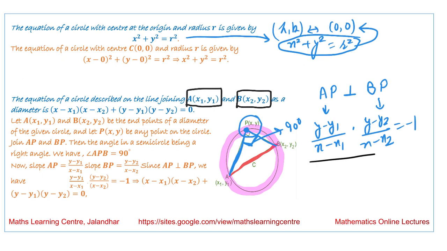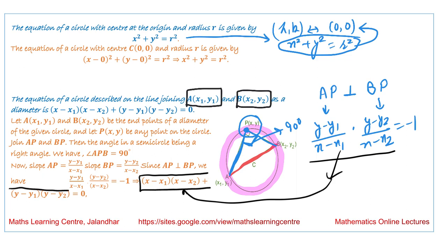When we simplify these terms, we obtain the equation in this form: (x minus x1)(x minus x2) plus (y minus y1)(y minus y2) is equal to 0. So this is the equation of the circle when the endpoints of the diameter are given.